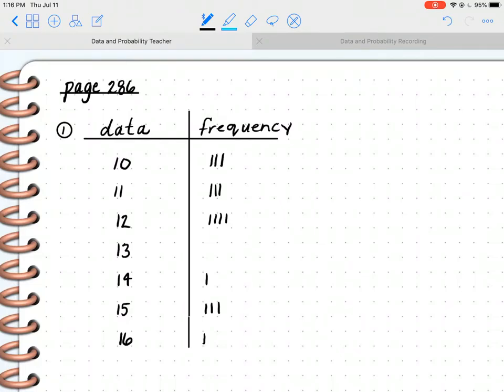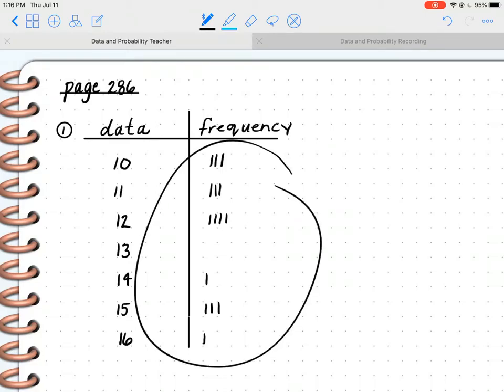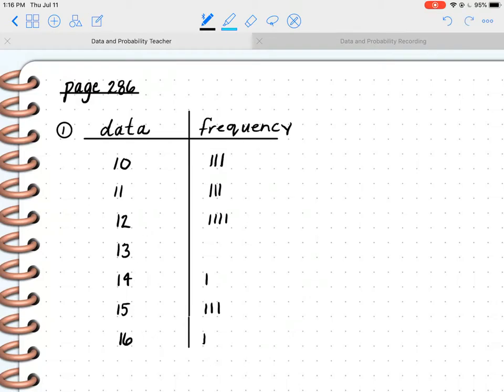And I want to make sure that I have all 15 of the slots accounted for. We have 3 rows of 5, so that's a total of 15. So I have 3, 6, 10, 11, 14, 15. Just make sure that you have 15 tally marks right there.